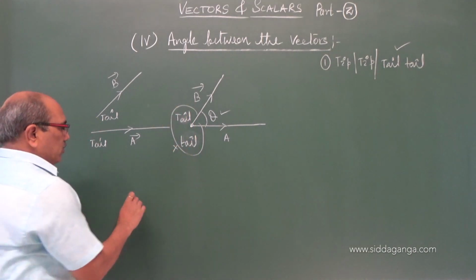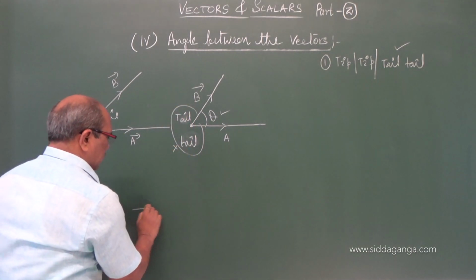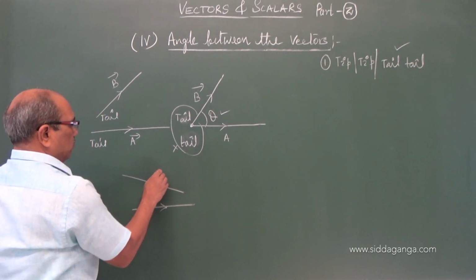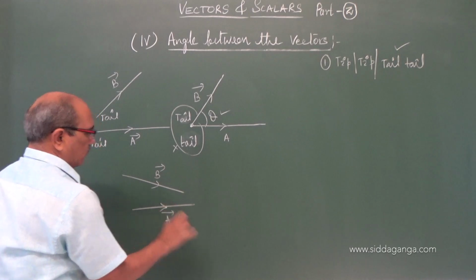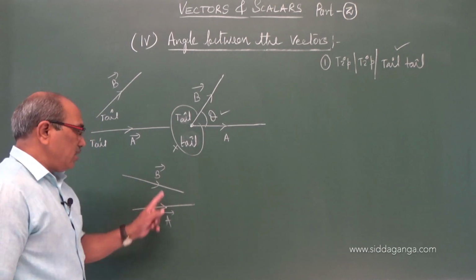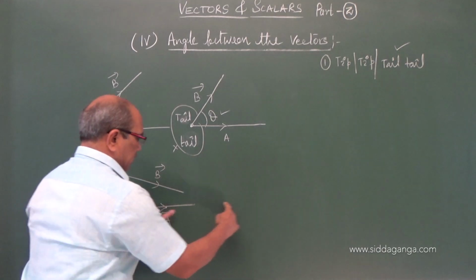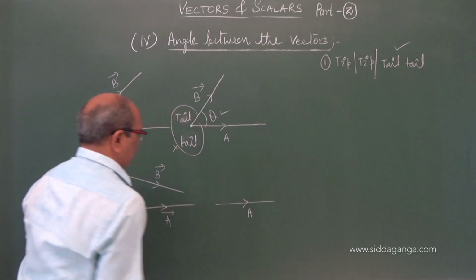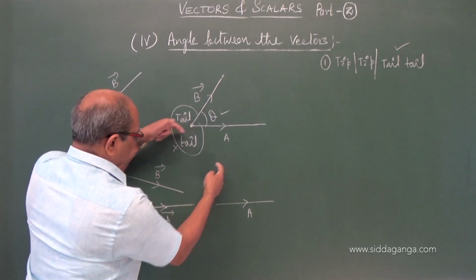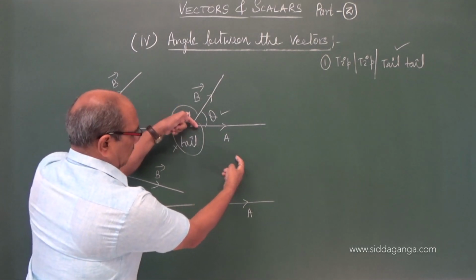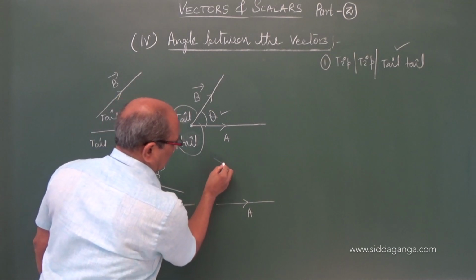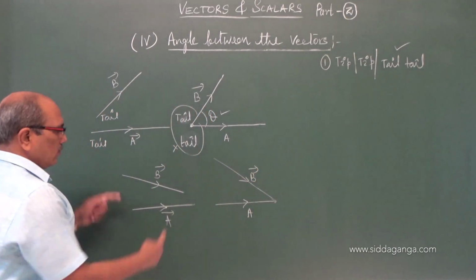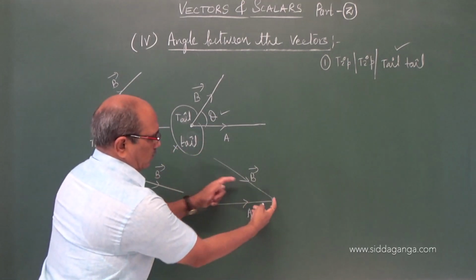To show tip to tip, let us say the vectors are maybe like this, B and A. Now I slide this here so that A is acting. If I take it to this position like this, by sliding down, I can keep it like this, vector B. I take it here and slide it down.